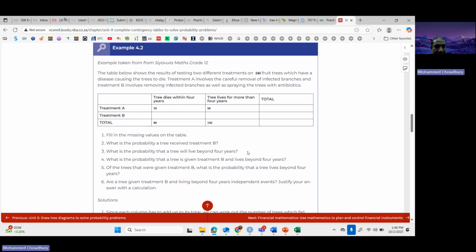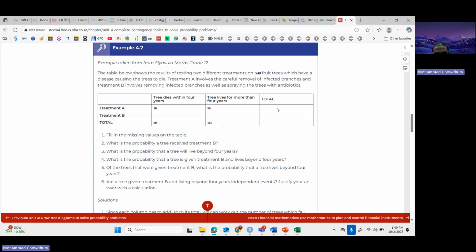So now the table shows the results of testing two different treatments on 240 fruit trees which have a disease causing the trees to die. Treatment A involves the careful removal of infected branches, and treatment B involves removing infected branches as well as spraying the trees with antibiotics. Okay, so now fill in the missing values. This plus that equals 120.